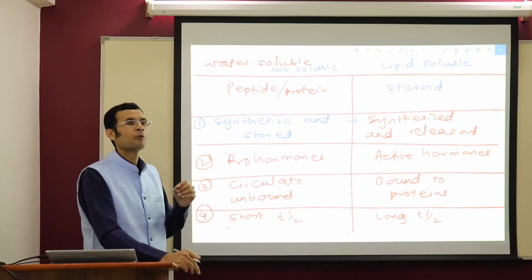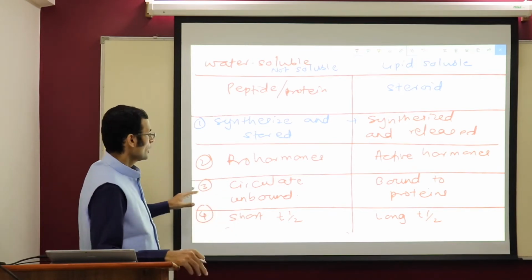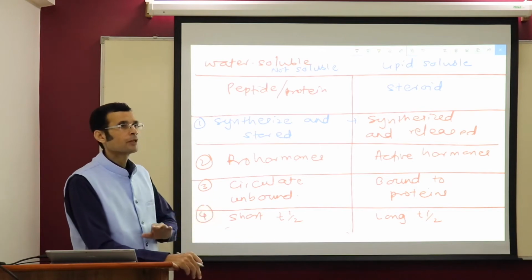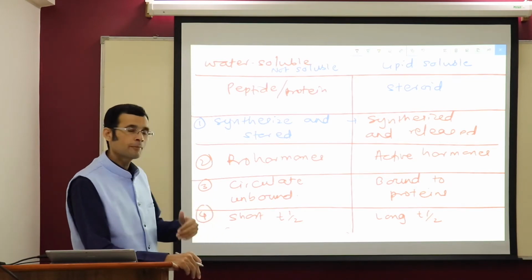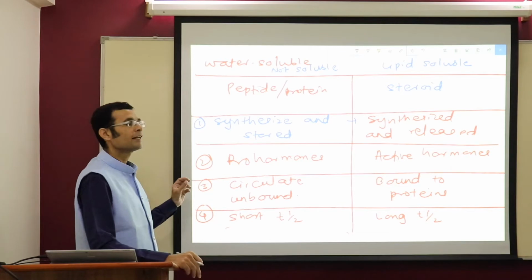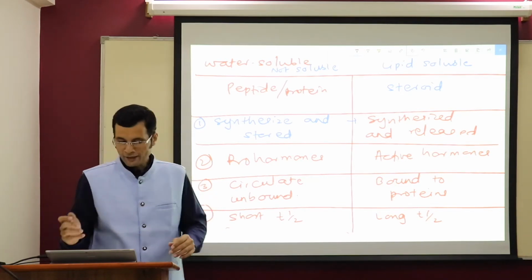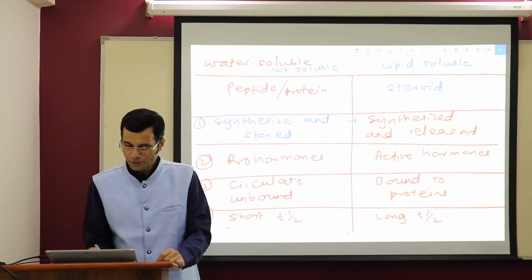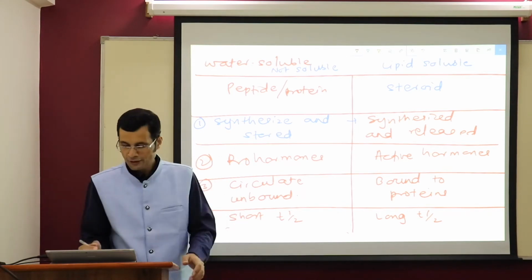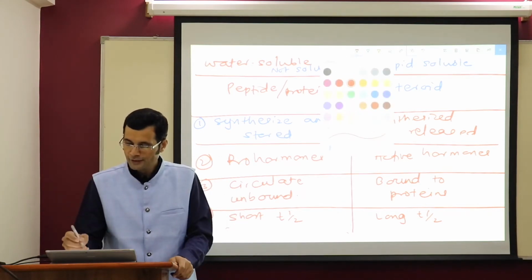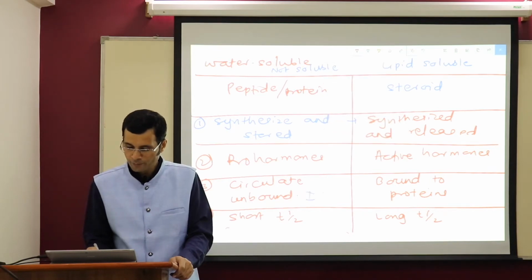Now, here I would like to point out an exception. Protein hormones are not bound to plasma proteins. They are free. There is an exception to this, and that exception is IGFs. The exception is insulin-like growth factors.